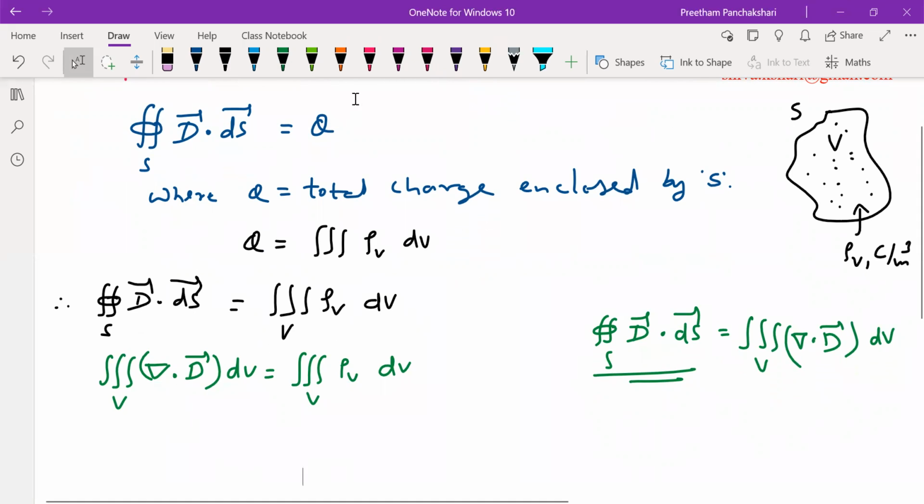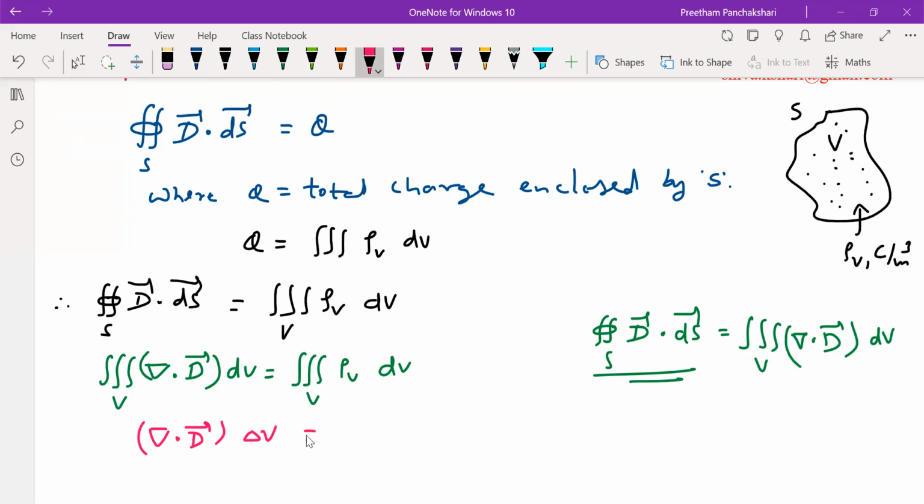So, for considerably small volume containing the charge, the Gauss law can also be expressed as divergence of D into delta V is equal to rho V into delta V. Here delta V is the incremental volume or smaller volume element containing the charge of density rho V. So for this particular small volume element, no integration required. Still, the relation holds good.